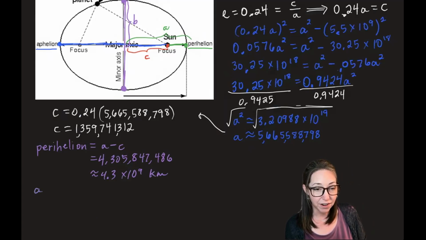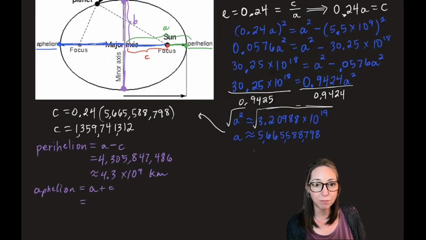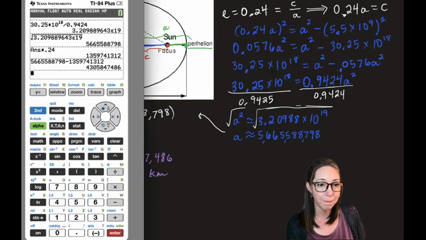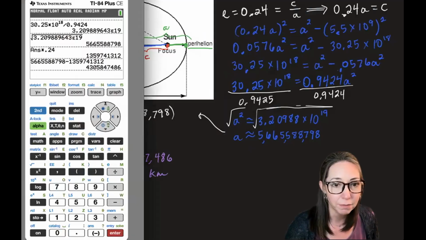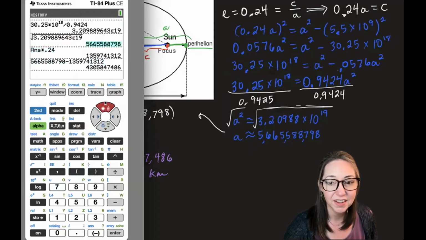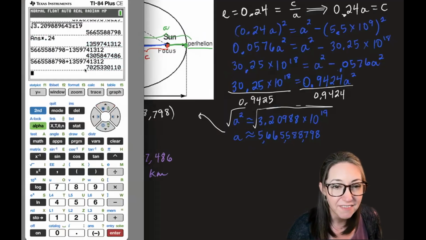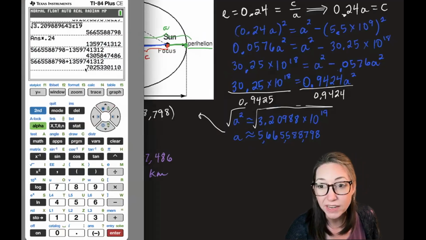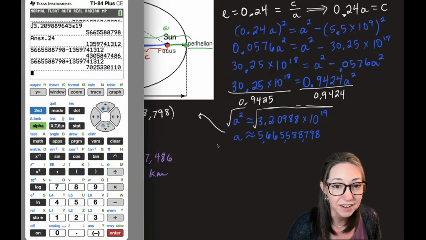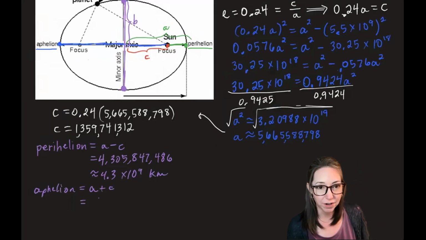Now let's go ahead and find the aphelion, which would be the sum of a and c. So let's see what we get for that. We're going to add the 5.6 plus the 1.3 billion. So going up here, this time we're going to hit that plus that number, and we get about, there we go, it's about 7.03 times 10 to the ninth. Let's write that little number out just for fun here.